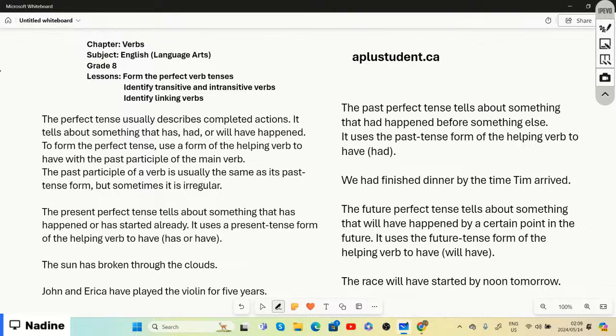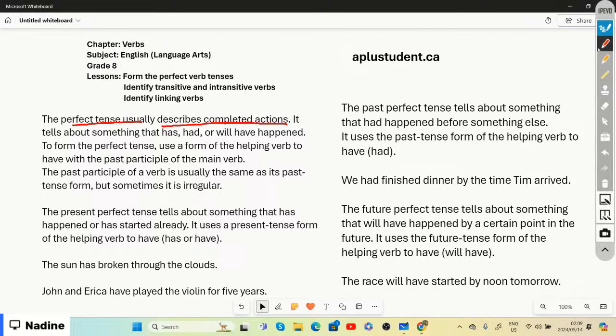Once again, the perfect verb tense usually describes complete actions. It tells about something that has, had, or will have happened.